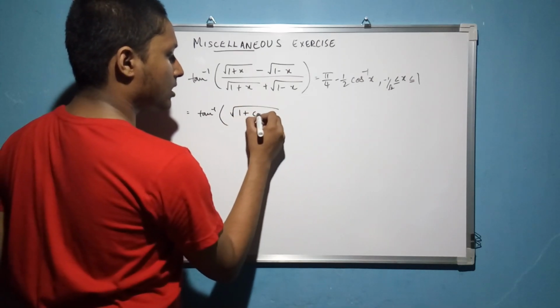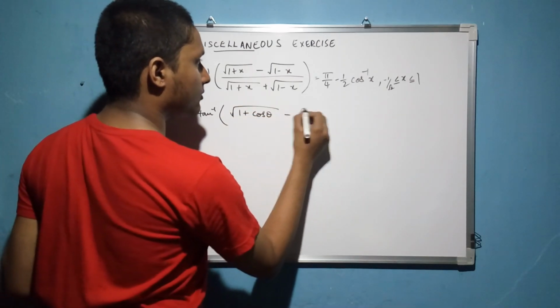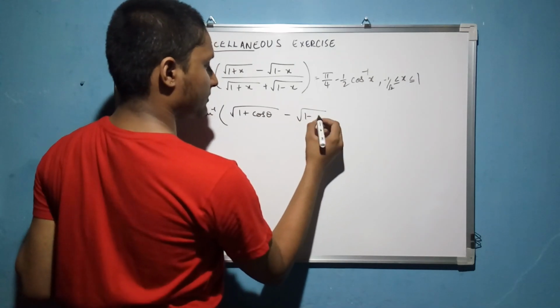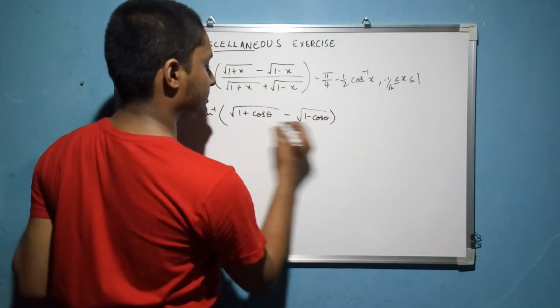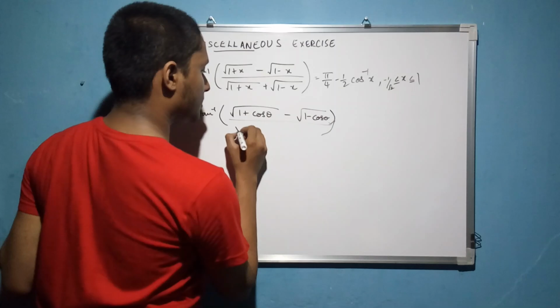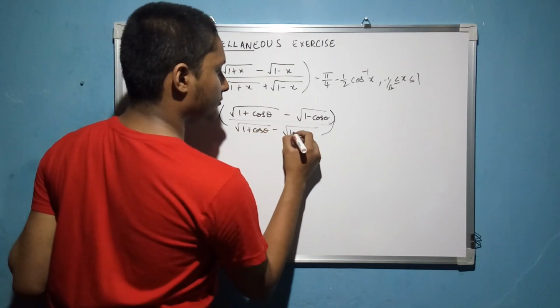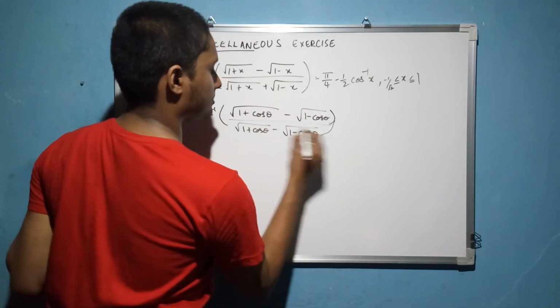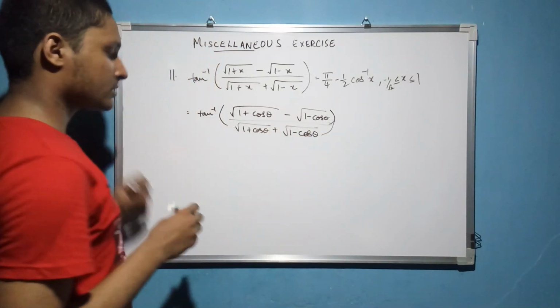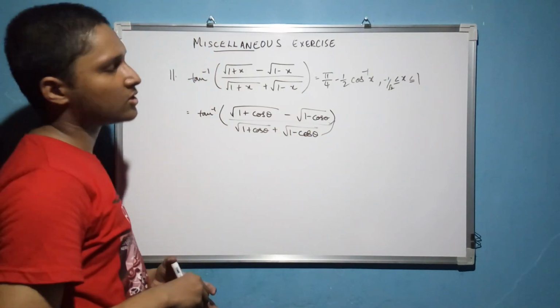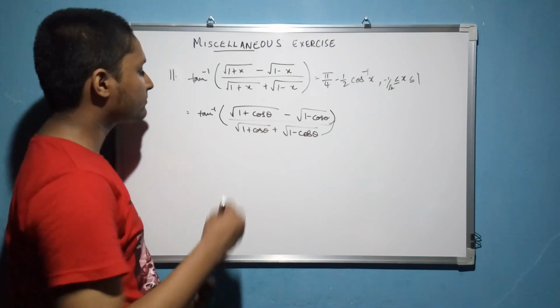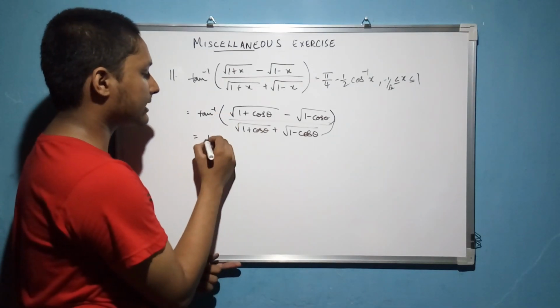There is root of 1 plus cos theta minus root of 1 minus cos theta divided by root of 1 plus cos theta plus root of 1 minus cos theta. Okay, here it is plus, right? So 1 plus cos theta is 2 cos square theta by 2.